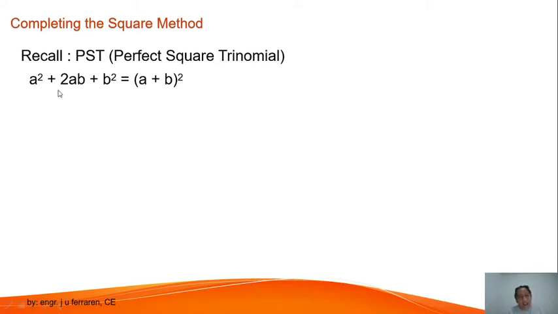If this is a perfect square trinomial, we can also write that as a binomial square, where the first term of your binomial is just the square root of your first term. If that's a squared, I can put here a. If this is b squared from the last term, then I can put there also b. To find out that this is a perfect square trinomial, the product of a and b is doubled, and that is your middle term.